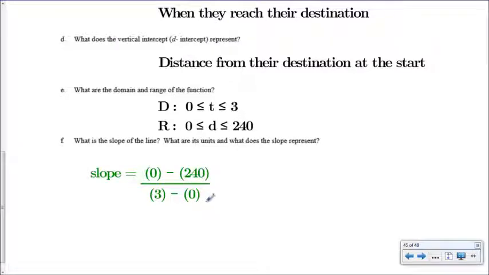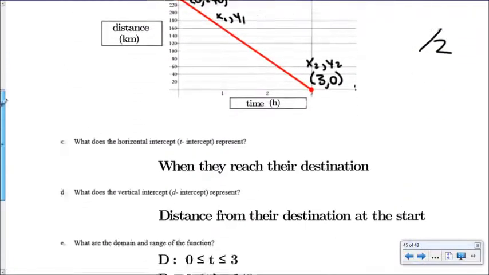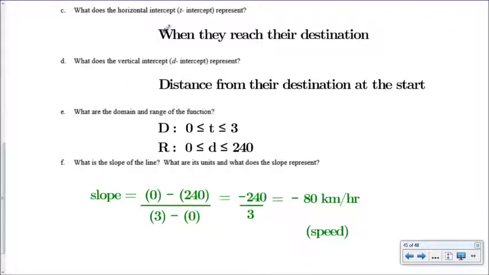So you get there. And so that would be negative 240 over 3. So there we go. And then simplify that a little bit more. So negative 80 kilometers per hour. And what does that represent? It represents their speed. So give yourself a mark for that. Grand total, this page would be 2, 4, 5, 6, 7, 8. So that one's out of 8.